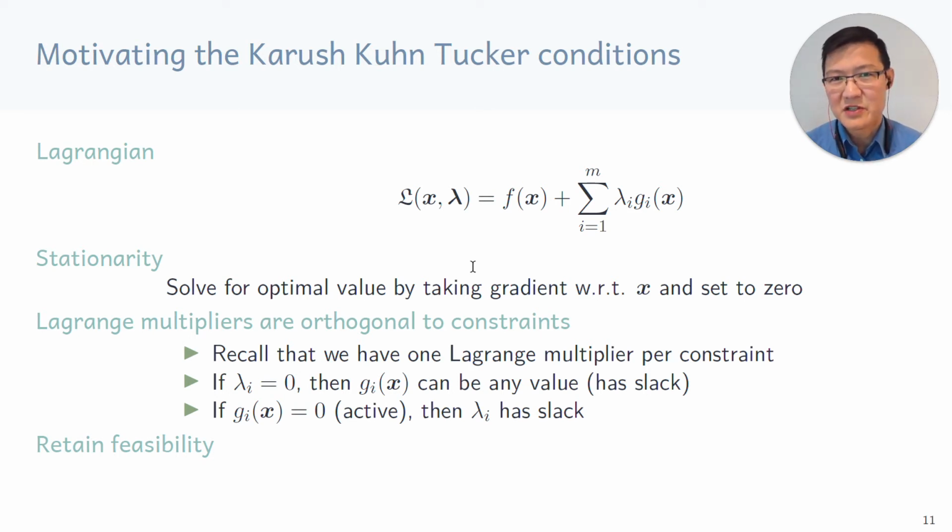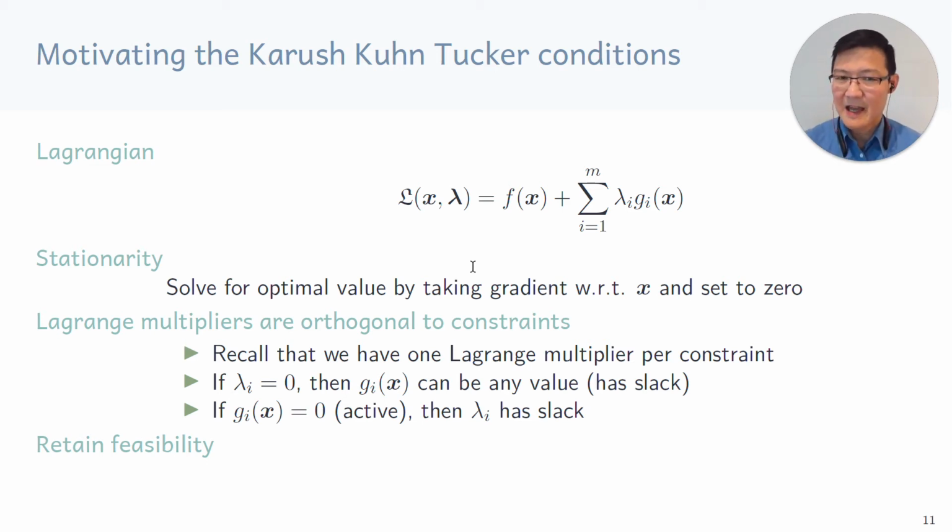The second Karush Kuhn Tucker condition is a little bit more subtle, and it's called complementary slackness. This is the condition that the Lagrange multipliers must be orthogonal to the constraints. Okay. The reason they are called complementary is because we have 2 variables, a primal variable x and the dual variable lambdas, and those 2 are complementary to each other. The corresponding constraints on lambda and the constraints on g are complementary.